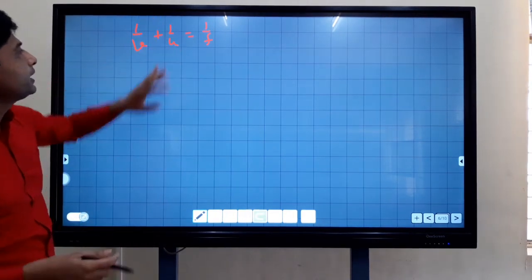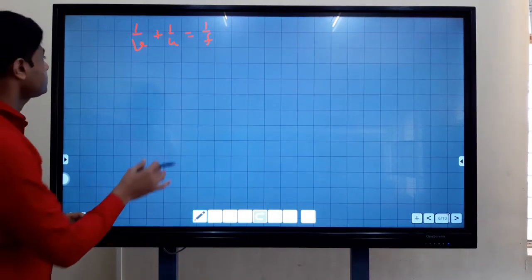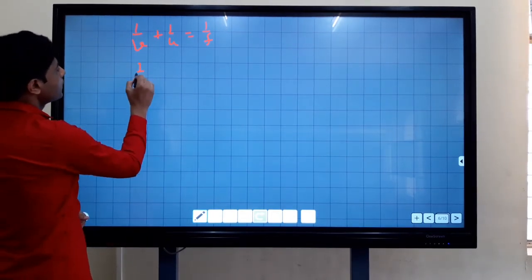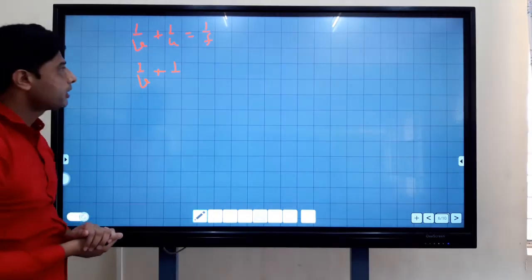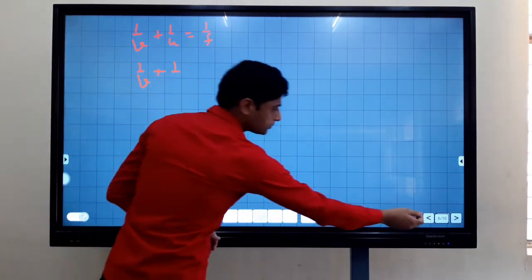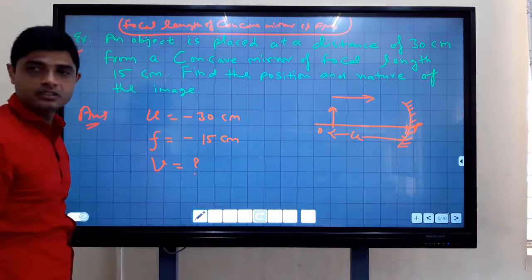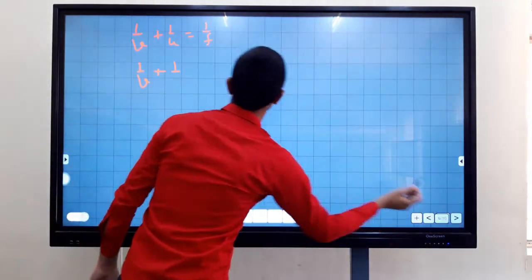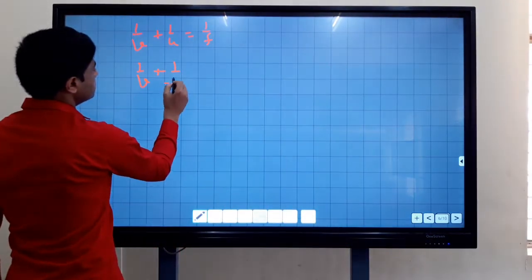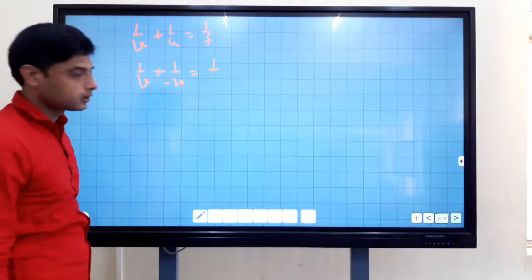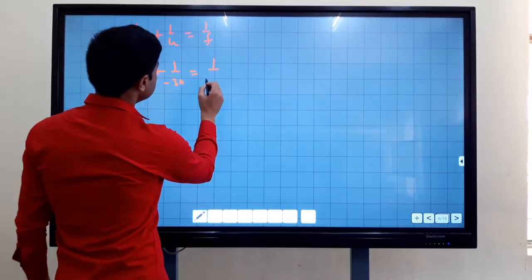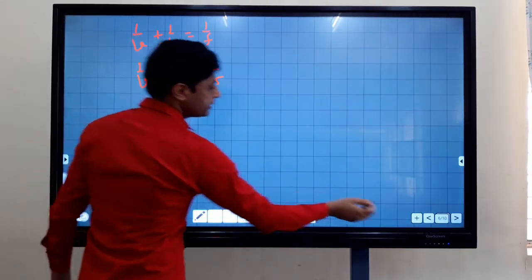We can write the formula by putting in the values. What is the value of u? The value of u is minus 30 centimeter, and the value of f is minus 15 centimeter.